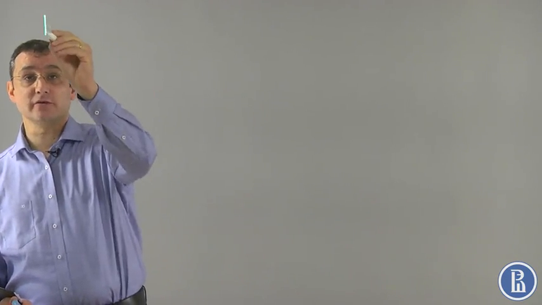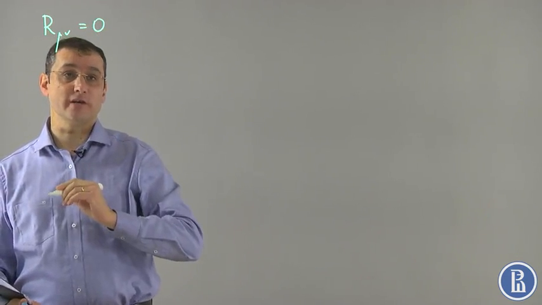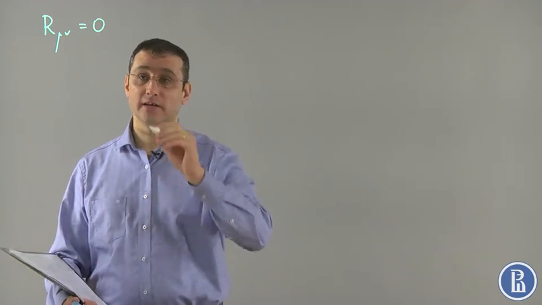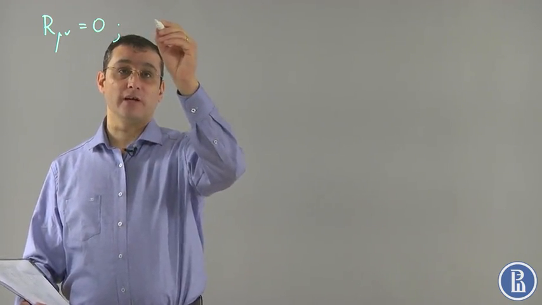So, to move further and for the future lectures, instead of writing this form of Einstein equations, let us write it in the form as if there is a non-zero energy momentum tensor.